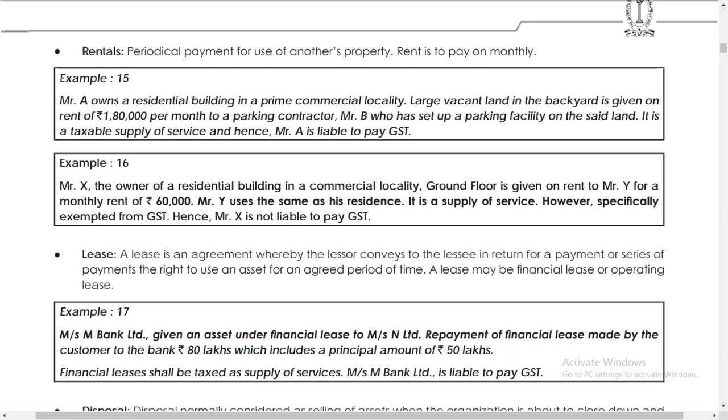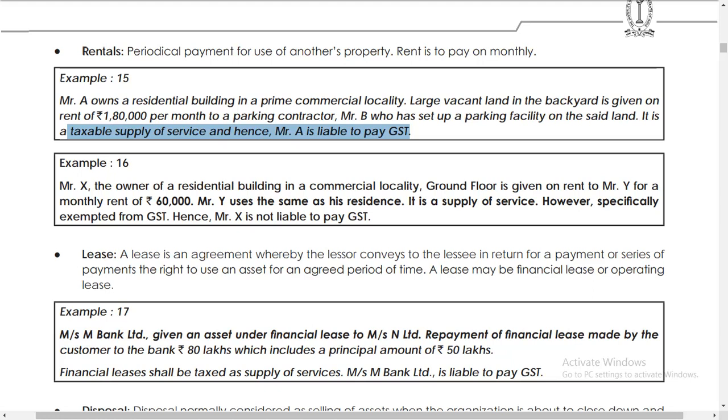What happened is, this is commercial based, because parking is commercial based. So what is the ultimate conclusion? The ultimate conclusion is, it is a taxable supply of service and Mr. A is liable to pay GST. It is a taxable supply of service, obviously, because it is a commercial purpose. And who is the owner? Mr. A is the owner, so he is liable for GST.